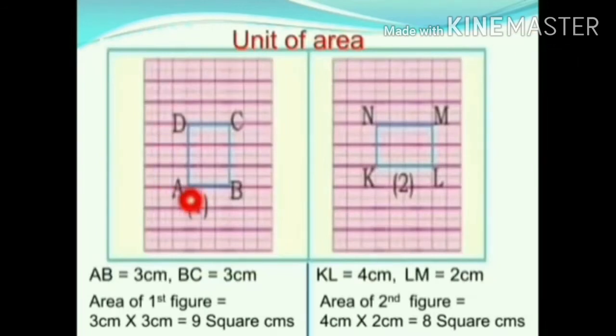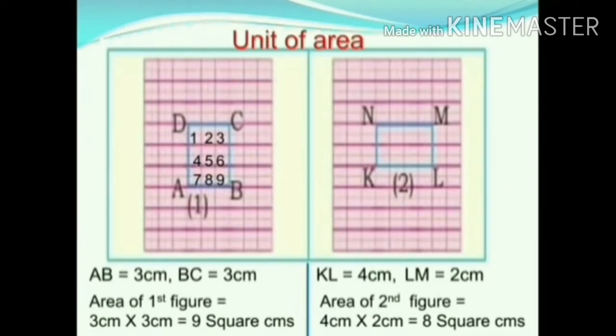Observe the two figures drawn on graph sheet. Which one is bigger? How to find it out? By how many squares is the first figure bound? 1, 2, 3, 4, 5, 6, 7, 8, 9.